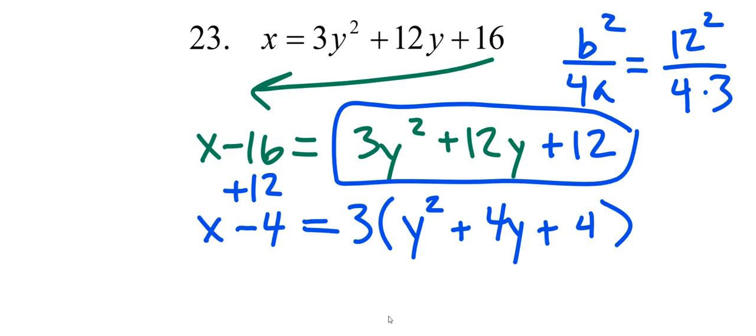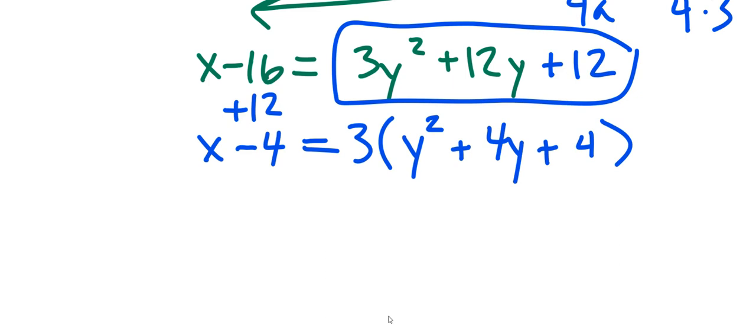Okay, we're getting closer, folks. What are we going to do? You mean we want to push the 3 to the other side? We could, and we will eventually. We could do it now, or we could do it later. I don't really care. All right.